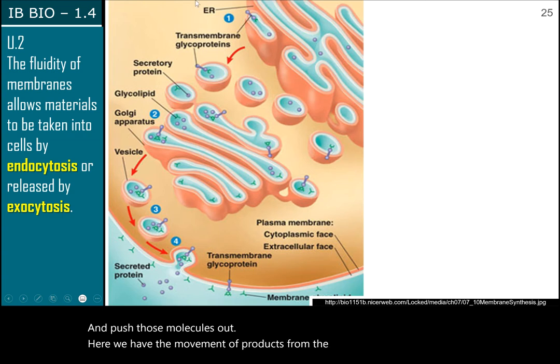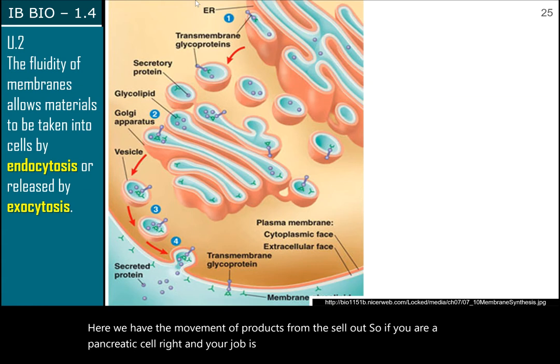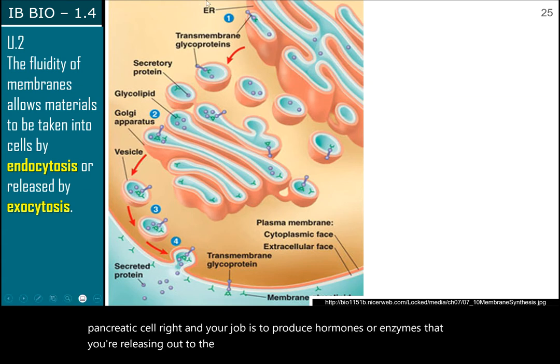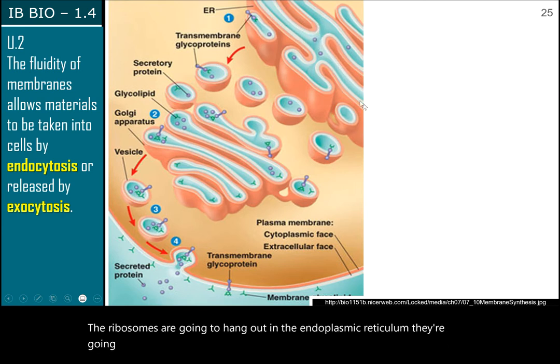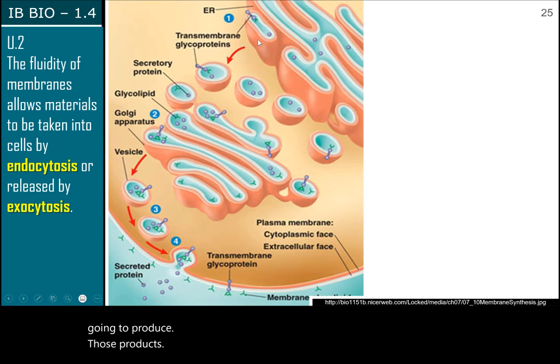So if you are a pancreatic cell, and your job is to produce enzymes that you're releasing out into the body, the ribosomes are going to hang out in the endoplasmic reticulum. They're going to produce those products. The Golgi is then going to package them.